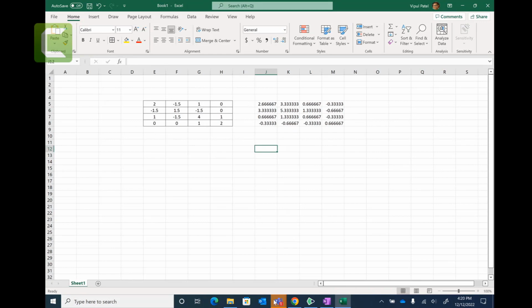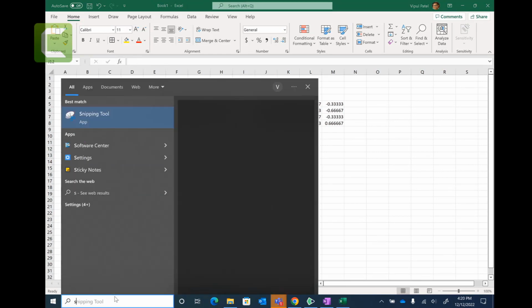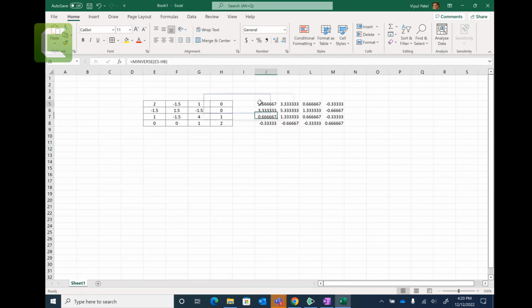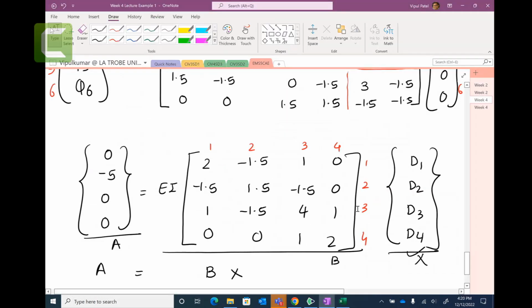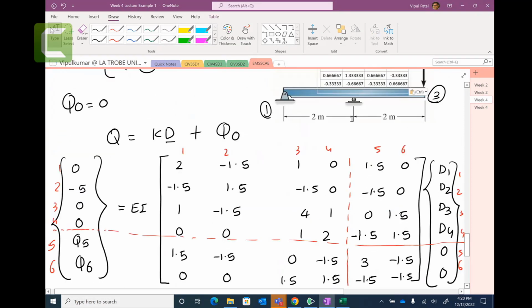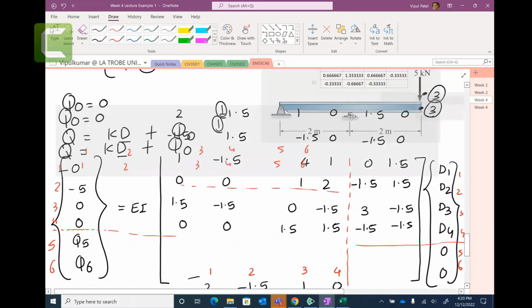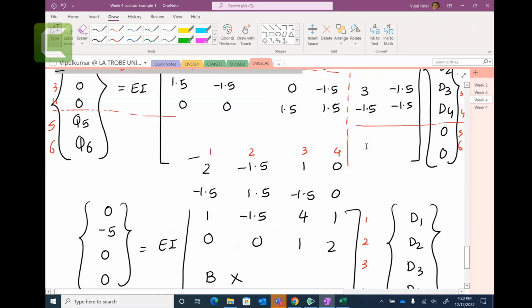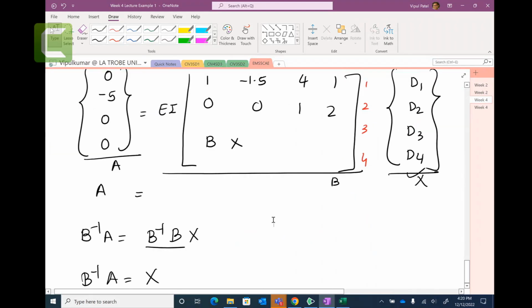Let me copy this. That is your inverse matrix from Excel. Let me put it here. Yep, here you go.